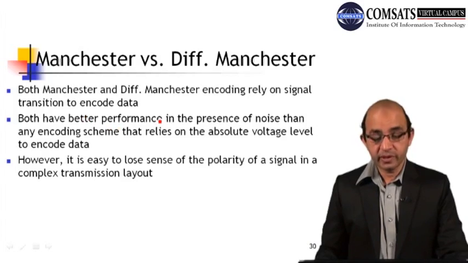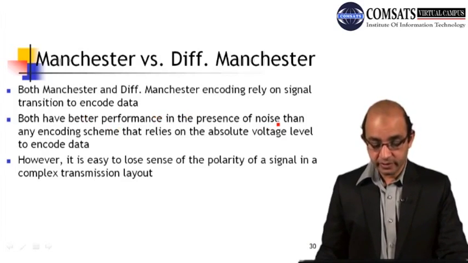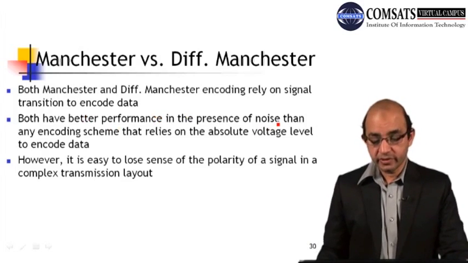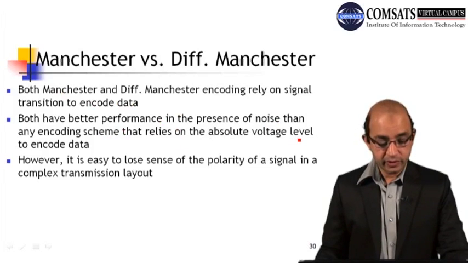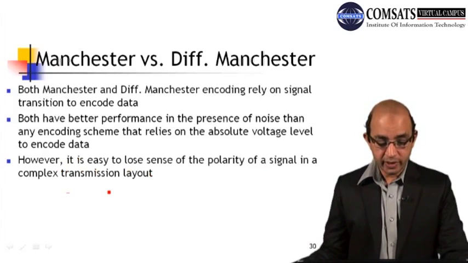Both have better performance in the presence of noise, because due to a lot of transitions, they have more immunity to noise. With any encoding scheme that relies on absolute voltage level to encode data, it is easy to lose the sense of the polarity of a signal in a complex transmission layout.